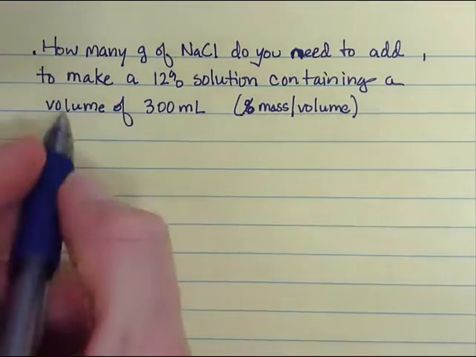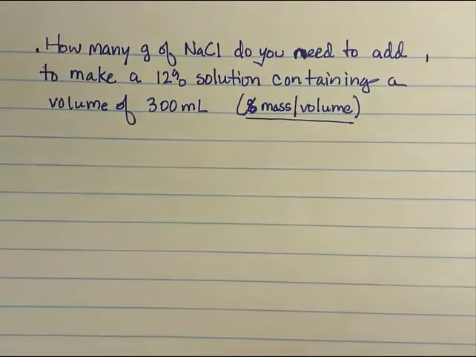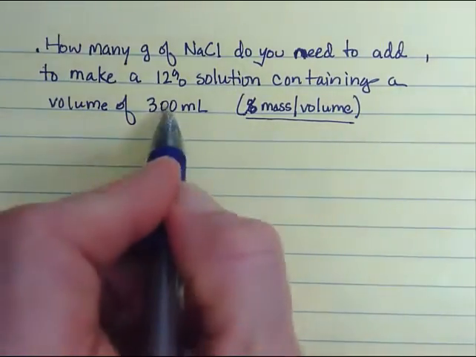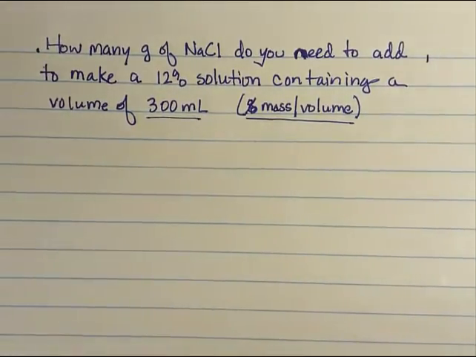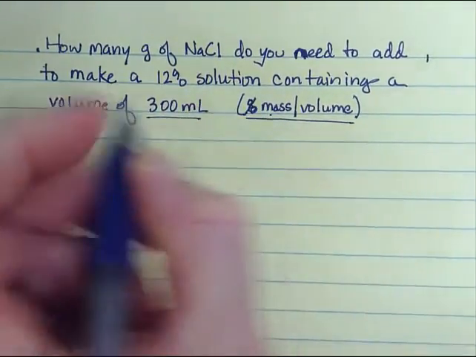So we need to be able to define what our percent mass to volume means, and then determine how many grams we're going to need of our solute to make up a final volume of 300 mils. So we know a percent mass to volume solution.